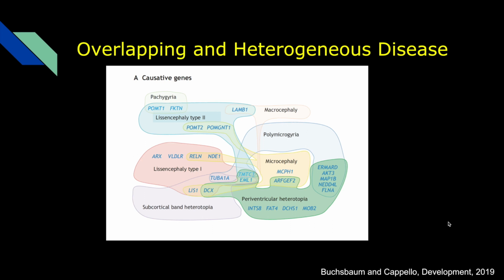The more and more we understand them and the more and more we study them, we see that they're in fact somewhat heterogeneous and overlapping. I don't want to emphasize that too much, because again, there is unique biology as we saw, but of course these diseases can co-occur, and depending on the severity of the mutations, can lead to very confusing phenotypes. So just be aware that these nice little compartments that we've categorized the diseases into is undergoing evolution.